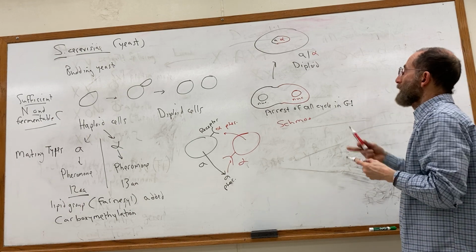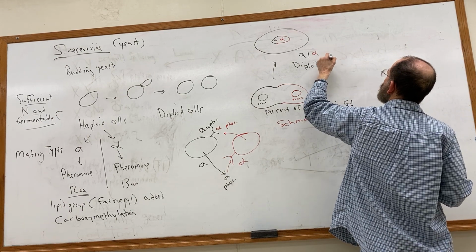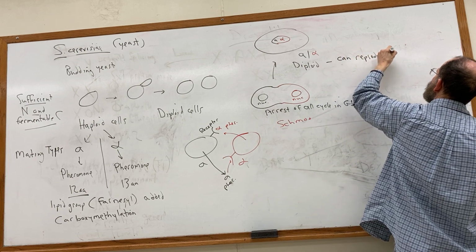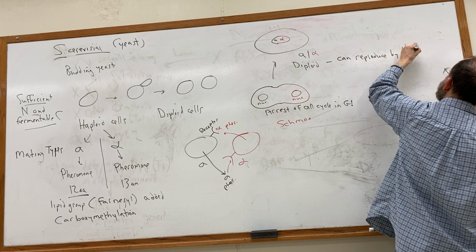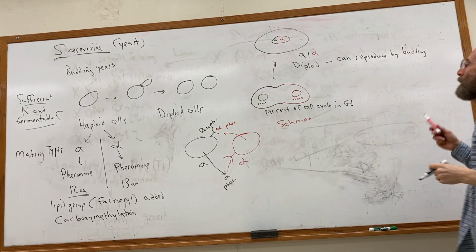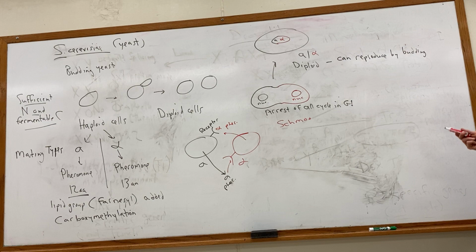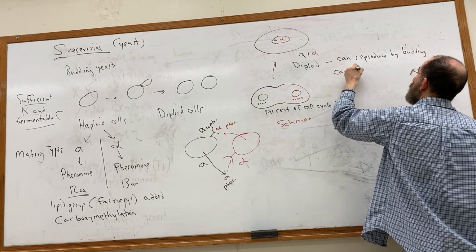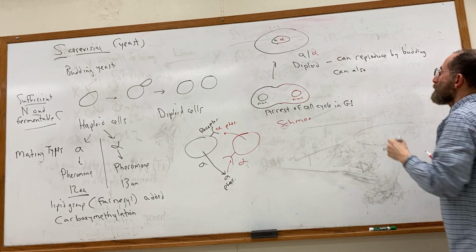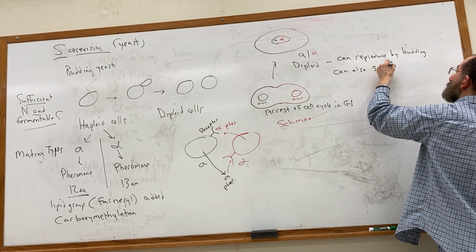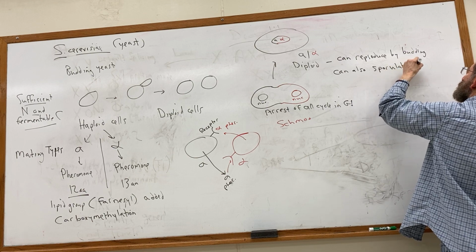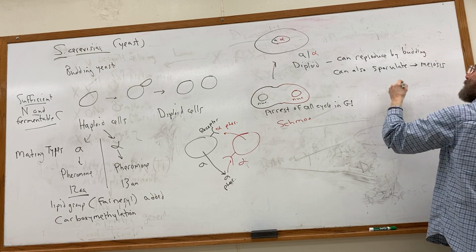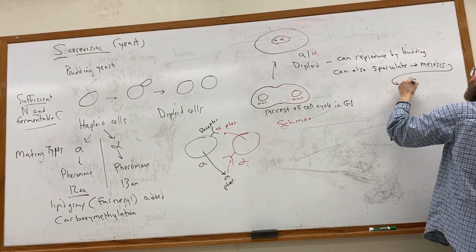Now, diploid cells can reproduce by budding. But there's something else that they can do that haploid cells can't do, and that is, under certain conditions, they can also sporulate, to undergo meiosis and produce haploids again.